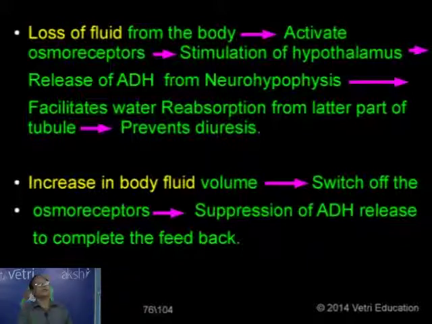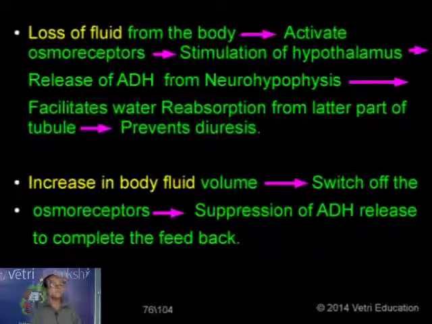Once the hypothalamus is stimulated, it stimulates the release of antidiuretic hormone from the neurohypophysis, because it is under the control of the hypothalamus. So loss of fluid activates the osmoreceptor cells, which stimulate the hypothalamus. The hypothalamus then stimulates the release of ADH from the neurohypophysis.